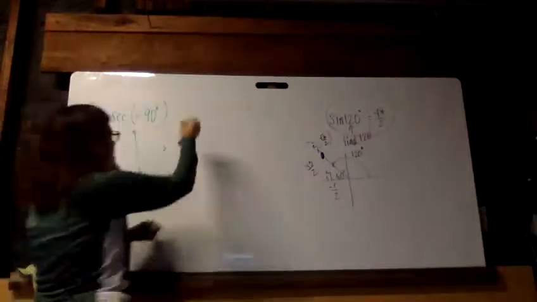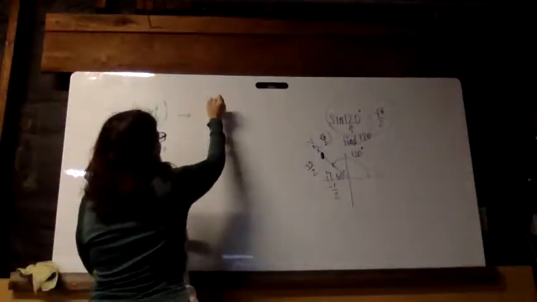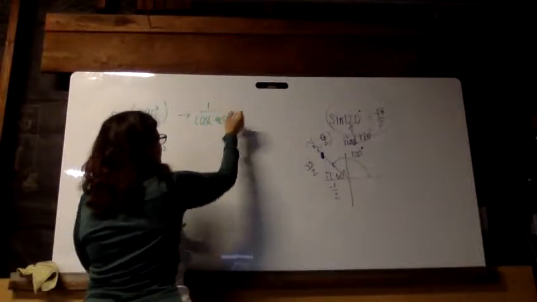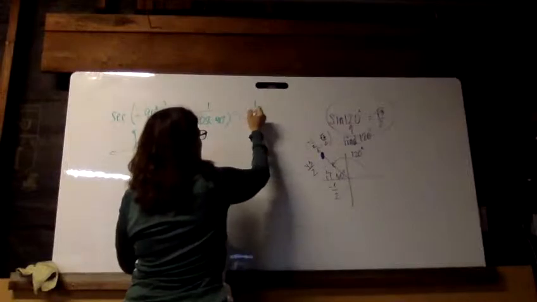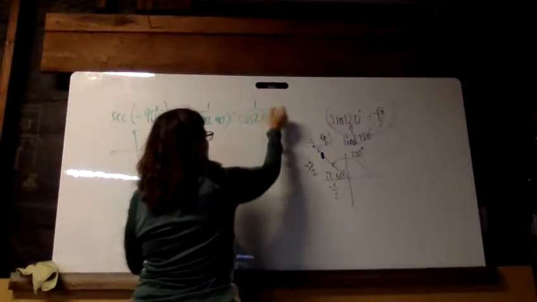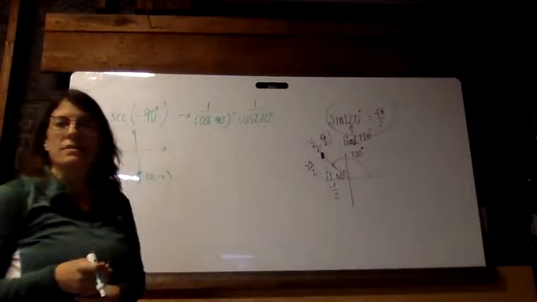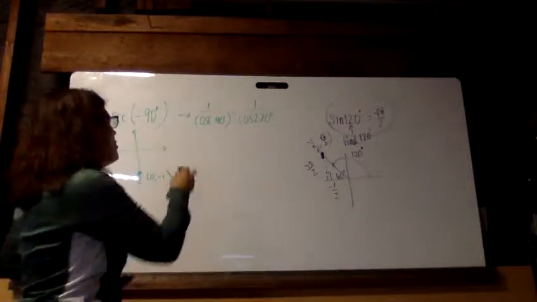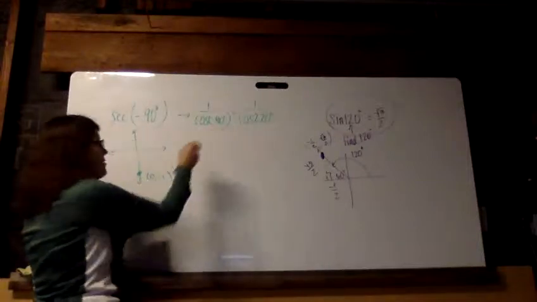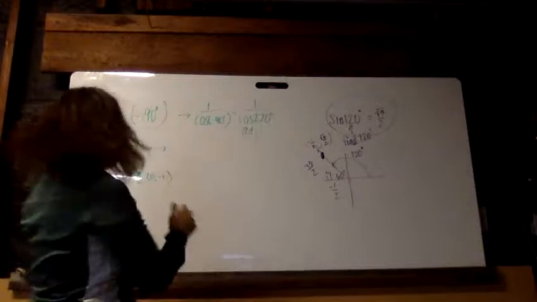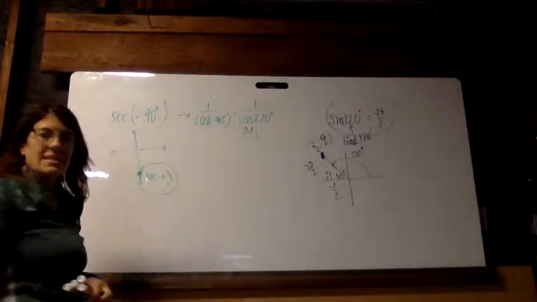Okay, so secant is 1 over the cosine, which is 1 over the cosine of 270. Negative 90 degrees is the same as positive 270 degrees. Well, cosine is adjacent, yeah? Where is the adjacent here, though? The adjacent doesn't exist.